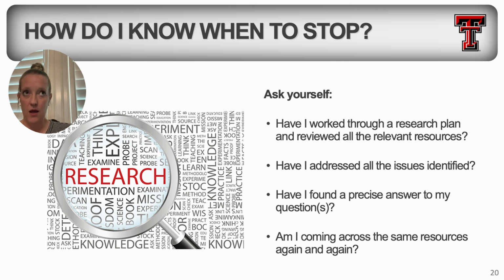Secondly, thinking back to that first step with your preliminary analysis where you have identified the issues and sub-issues that you need to be looking at, have you addressed all of those issues and sub-issues, or are there specific issues or sub-issues that you need to further look into and research?